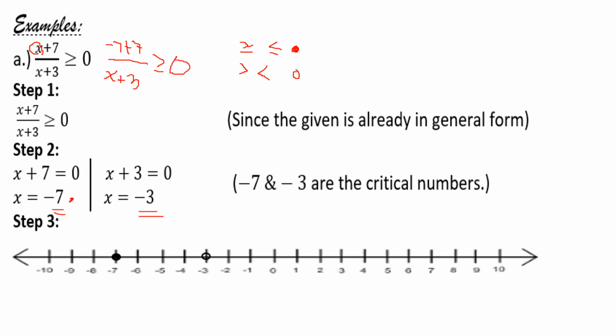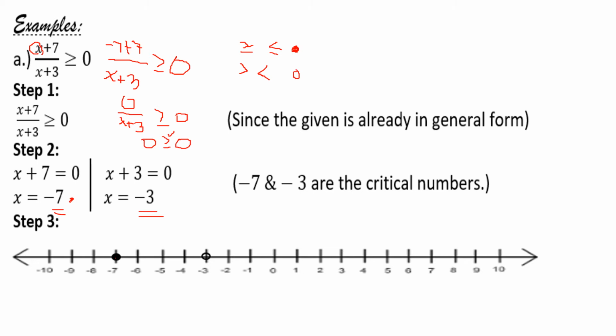And our numerator becomes 0. So 0 divided by x plus 3 becomes 0. And that is 0 is greater than or equal to 0, which will make our inequality satisfied. So that's why I use here the solid point.